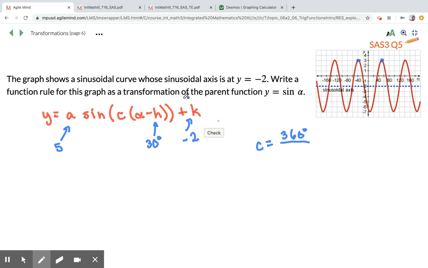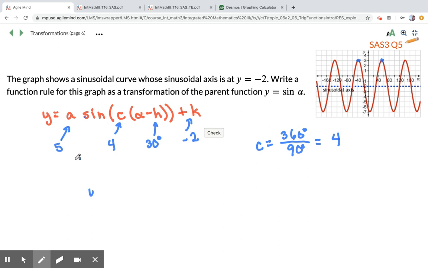It looks like about 90, so we'll stick with 90 degrees as my transformed period. 360 divided by 90 gives me a 4. So my c value should be 4.